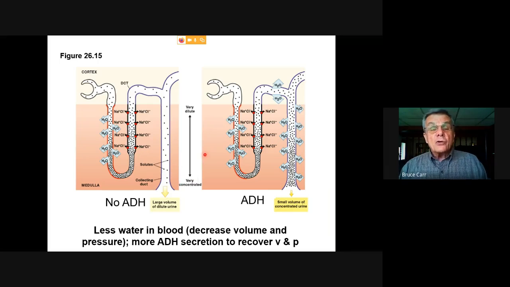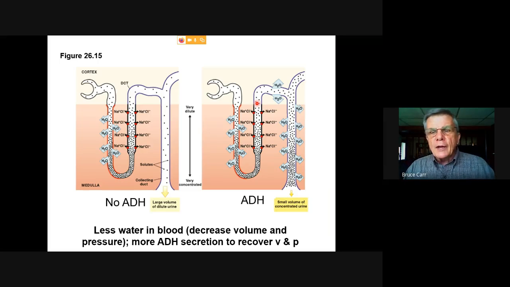But what happens when you get lower and lower in your hydration, and you're close to that border of dehydration? Here's the same process of concentrating and diluting. But then if water is marginal in its availability, we have ADH released. It's actually released from the brain region.